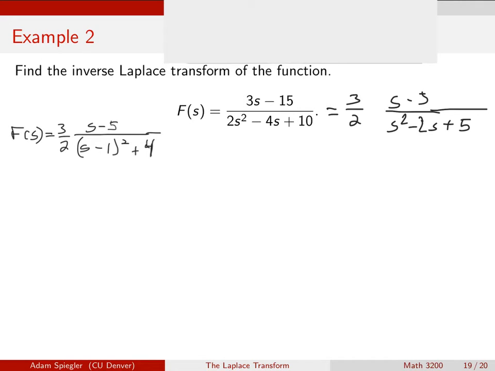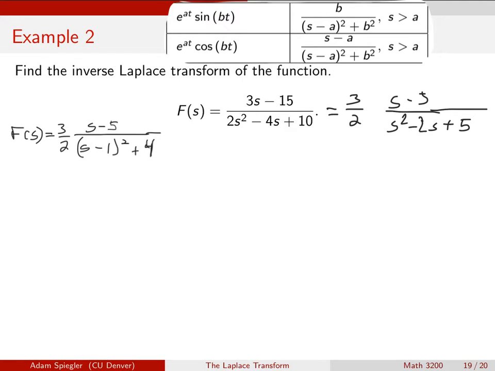So now we completed the square on the denominator. And if you're looking at the table of common Laplace transforms, then what you should see is that this seems to resemble one of these exponentials times a trig function.